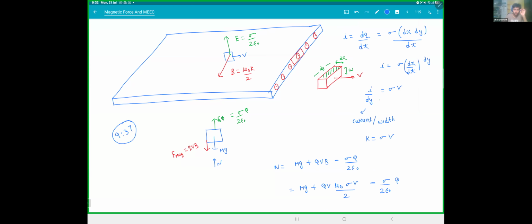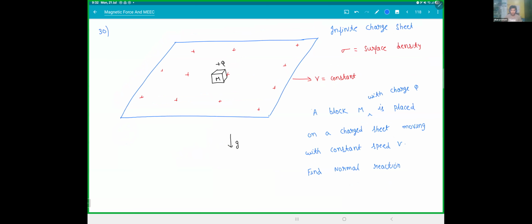So, Vihan, in the question it said that the sheet is moving, just the sheet. A block of charge is placed on a charge sheet moving with constant speed v. It is moving with the sheet. So then, wouldn't it be like we would not observe any magnetic effect? Why?